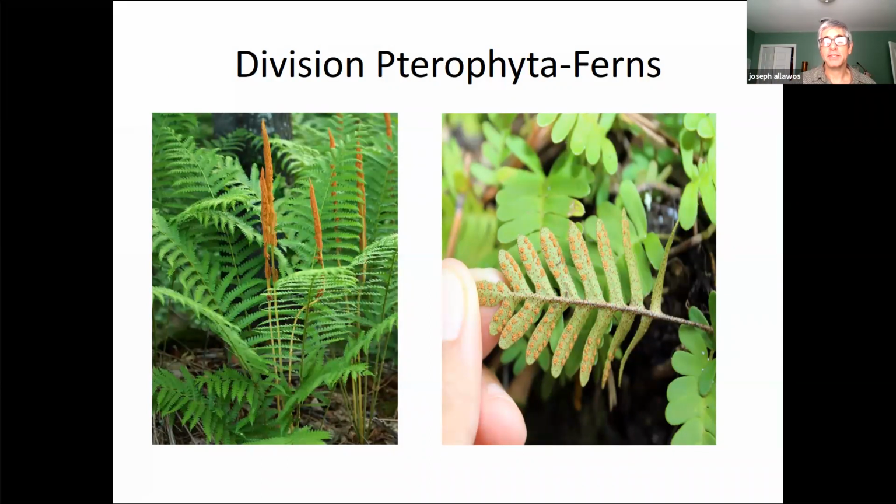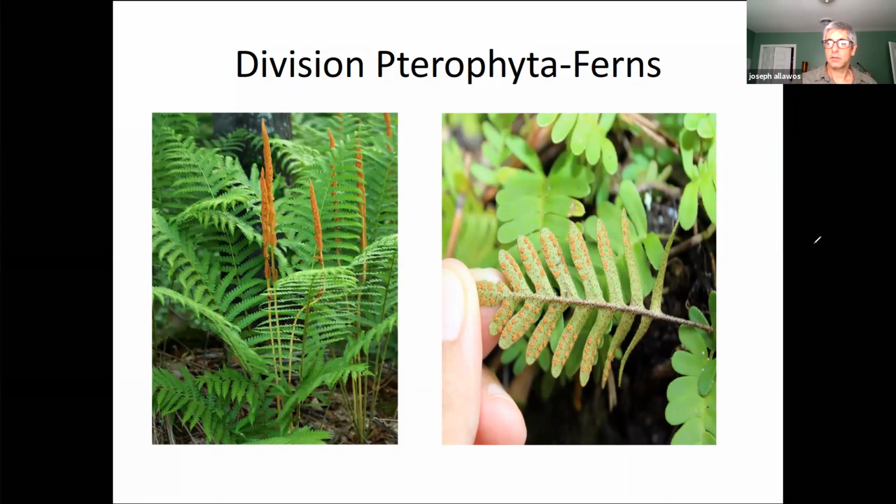Like I said, we're going to see a gradual reduction in the size of the gametophyte generation and an increase in the size of the sporophyte generation from the mosses all the way through the flowering plants. Now this green leafy part of the plant is the sporophyte, not the gametophyte. It's easy to mix that up.